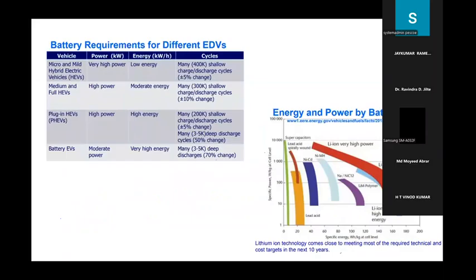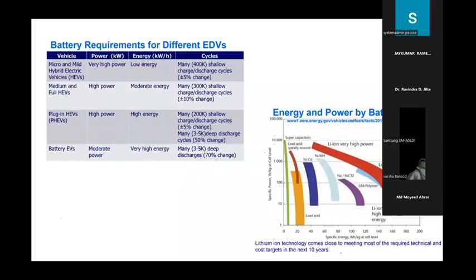Therefore, the electrochemistry will also vary from one make to another, and therefore the temperature generated through the discharging or charging operations will also vary. As a result, there will be different temperature development in the battery pack, and we'll have to provide separate battery thermal management systems for different electrochemistry cells. So here it is the case.